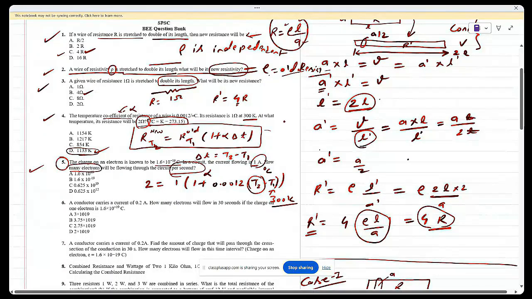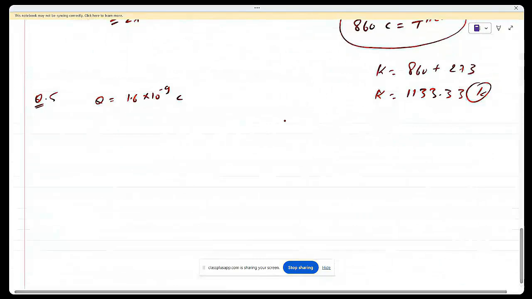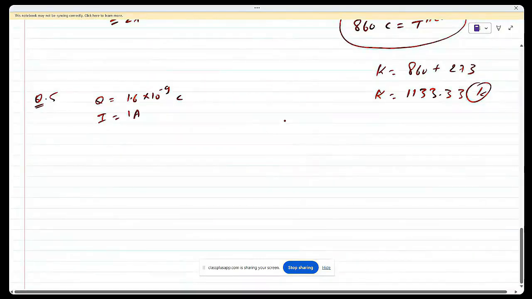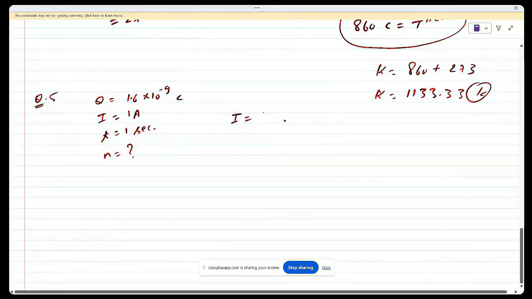How many electrons are flowing in 1 second for ensuring the current of 1 ampere. So I is equal to 1 ampere and time is equal to 1 second, and you have to calculate the number of electrons. What is the formula? Formula is basically current is equal to charge per unit time. I is equal to Q by T, or you can write Q is equal to I into T.